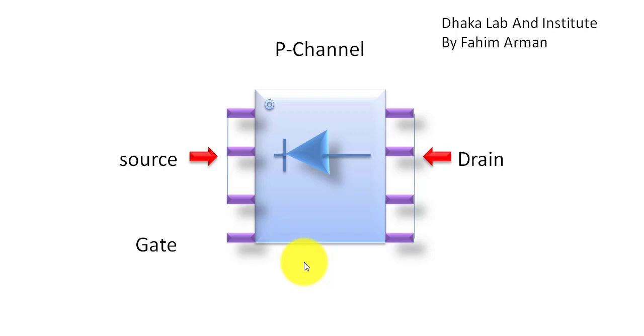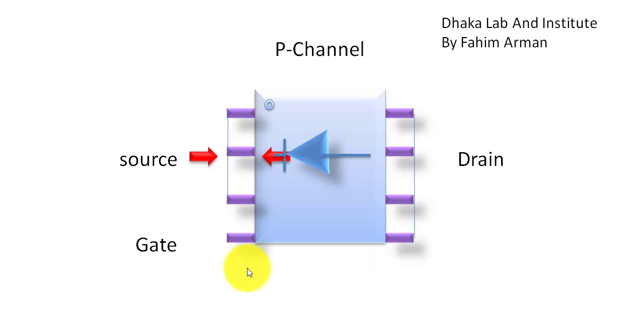For P channel, as I told you before, the diode position is from drain to source. That's why if you want to pass voltage from drain to source, the voltage will pass easily without having gate switching.